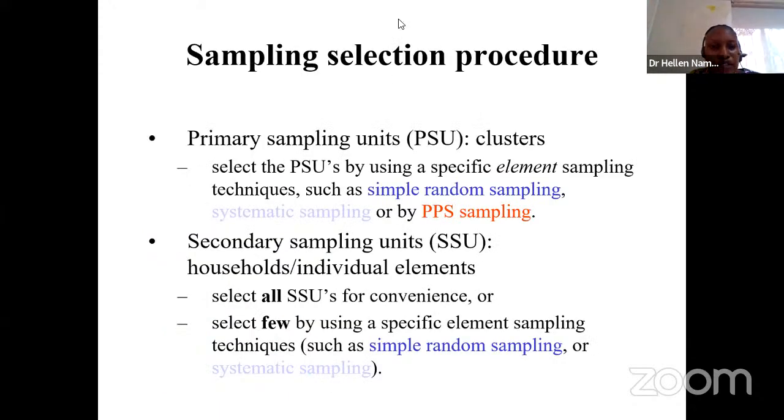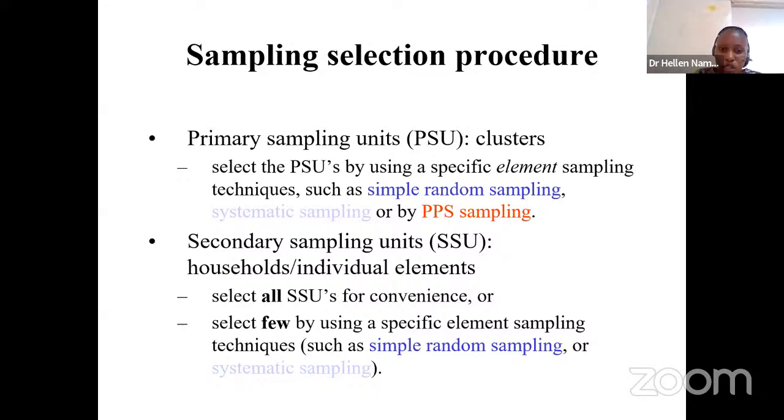The other thing that is also important about sampling selection procedures, like I mentioned, when you come to the clusters, for example, we talked about the 10 schools and you pick out 3, we refer to that as the primary sampling unit. So the 3 schools will act as our primary sampling unit, implying that you select them randomly, and then you're going to include all the respondents that are in there into your sample size.